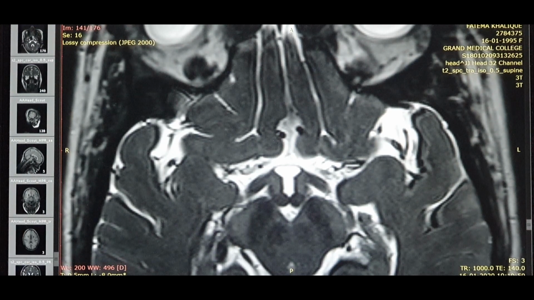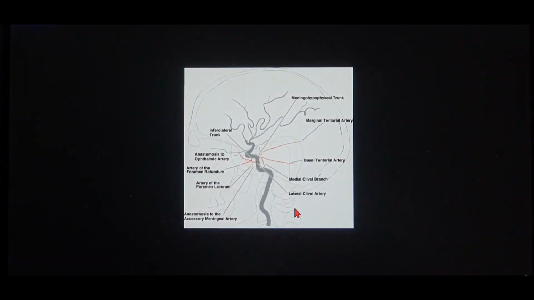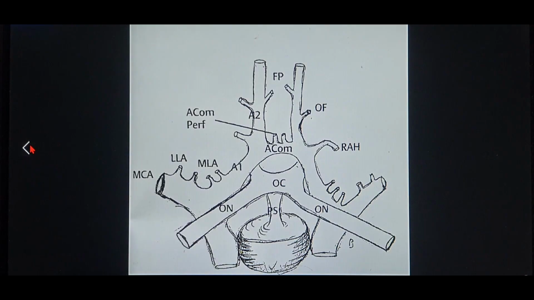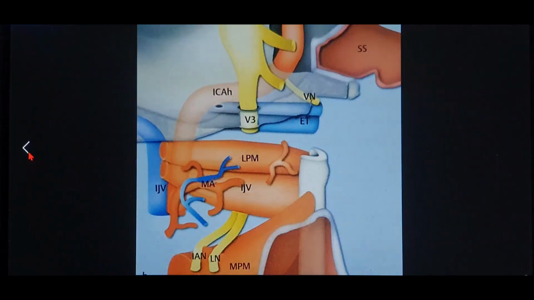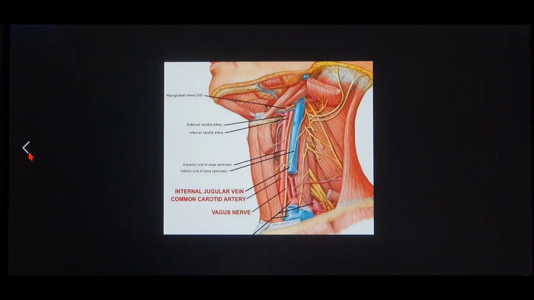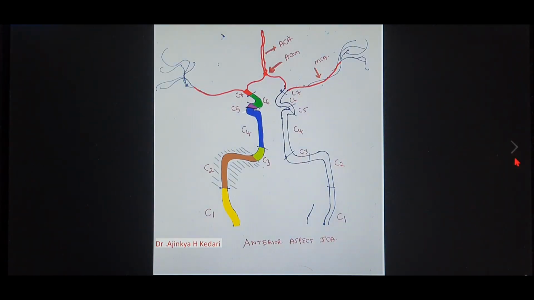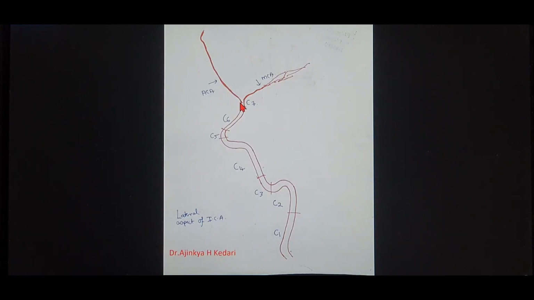Now I have shown you in previous photographs the anterior cerebral artery, if viewed from the lateral aspect, see on the sketch over here, this is the lateral aspect, this is the anterior cerebral artery going above in the superior aspect.